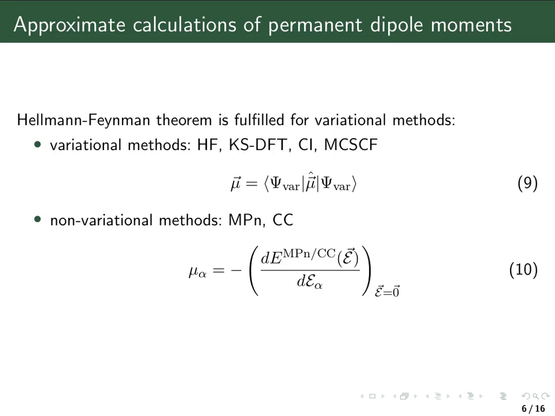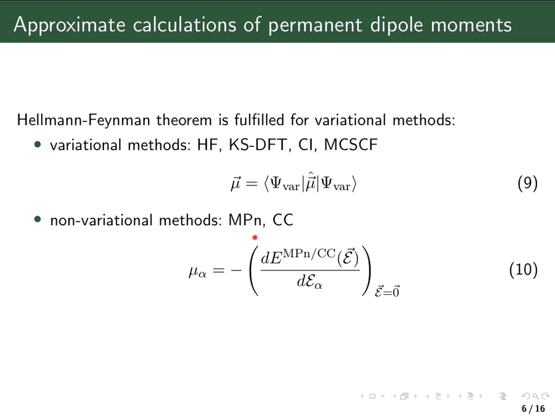Which means that there it doesn't really matter whether we calculate the dipole moment as the expectation value with our variational wave function, which is of course going to be an approximation to the permanent dipole moment because we're using an approximate wave function, or whether I calculate it as an energy derivative.